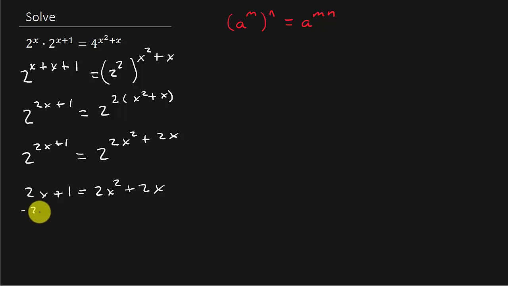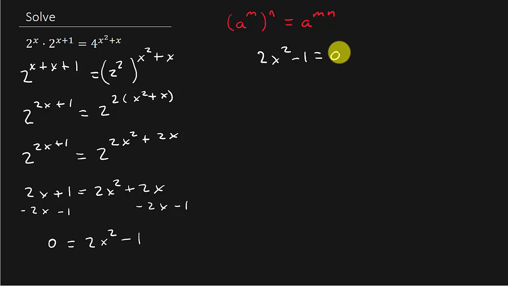So I'm going to subtract 2x to both sides, and I'm going to subtract 1 to both sides. So that is going to leave me with 0 is equal to 2x squared minus 1. So I'm just going to rewrite this up here as 2x squared minus 1 equals 0.